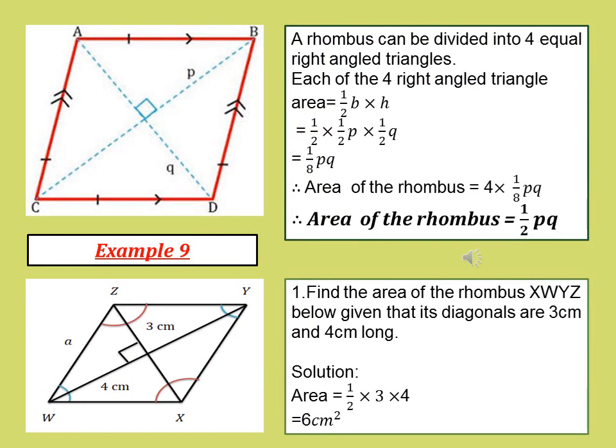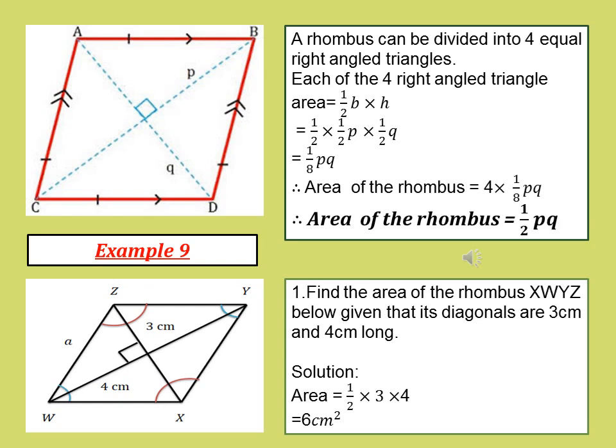Let us now consider a rhombus whose diagonal length from C to B is P units and from A to D is Q units. Remember we've said a rhombus can be divided into 4 equal right-angled triangles if you intersect the diagonals, because the diagonals bisect each other and produce 4 equal right-angled triangles.